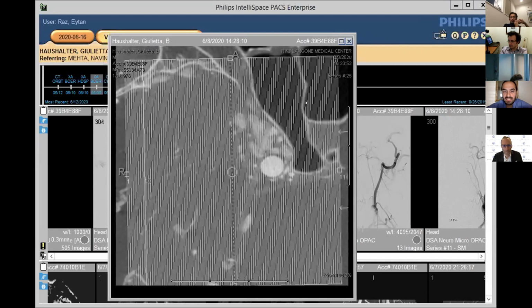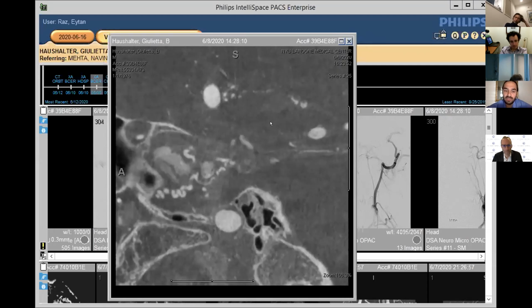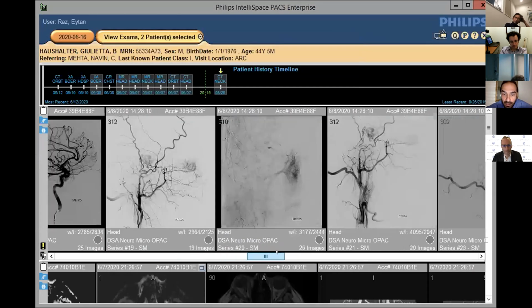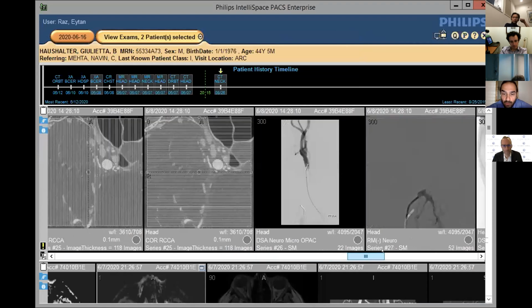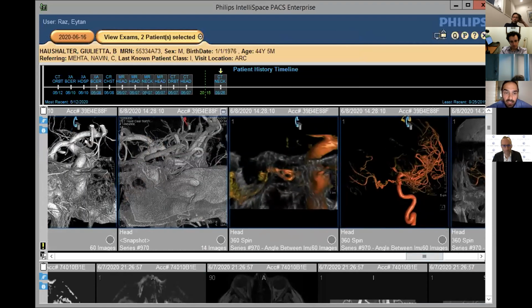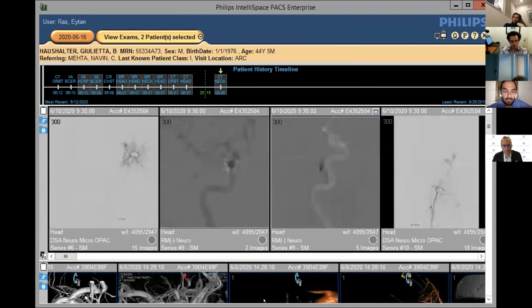Again, we can do this Dyna CT image. We can reconstruct them on every single plane and understand this anatomy in as much detail as possible. So this is the angiogram, and so now we plan for treatment.